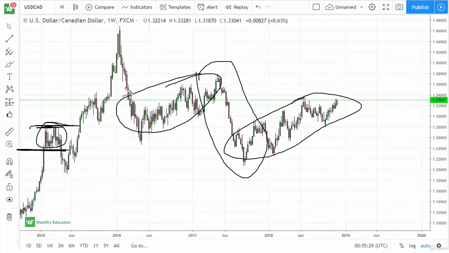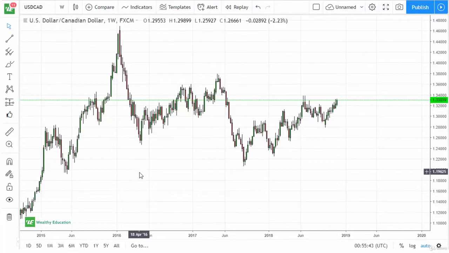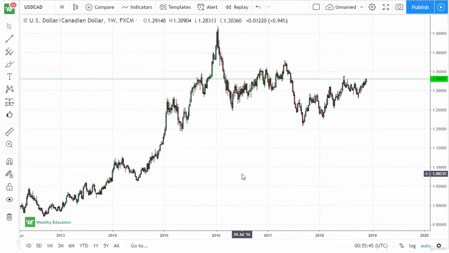Just means the market is consolidating its gains or losses. In this case, the market had been rising for some time in an uptrend, and then we consolidated a bit, kind of digested our gains, pulled back a little bit further, and then rallied to the upside.